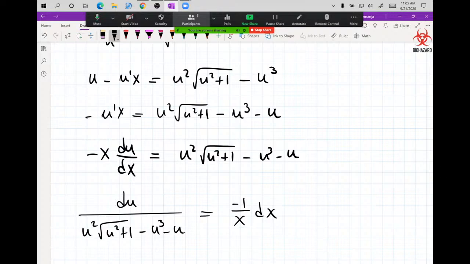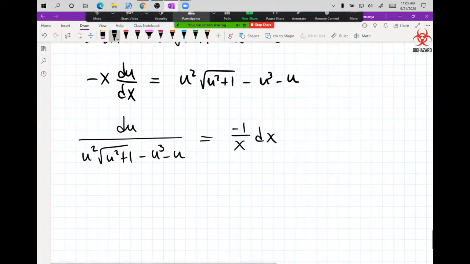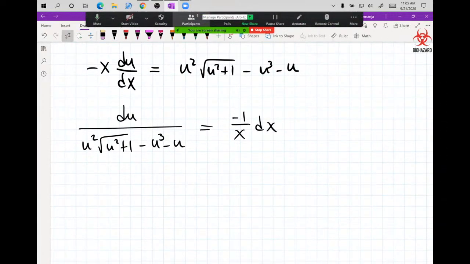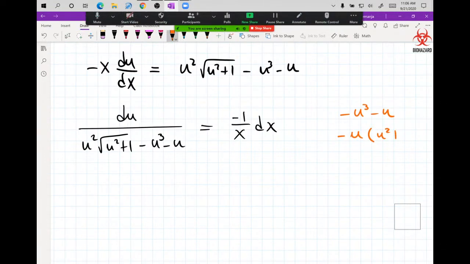The left hand side integration looks like it's going to be more challenging, or not. Let's see. I have this expression which I can work out on the side. I have negative u cubed minus u, where I can factor out negative u and get u squared plus 1.